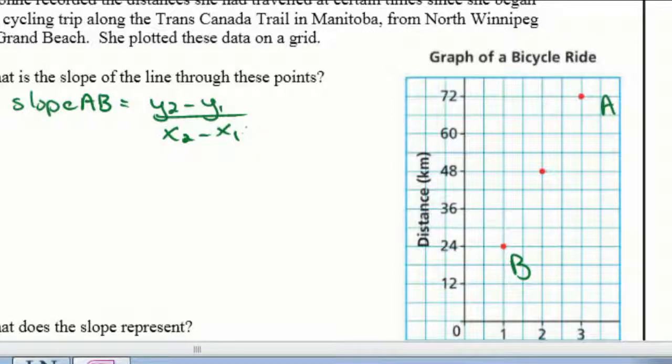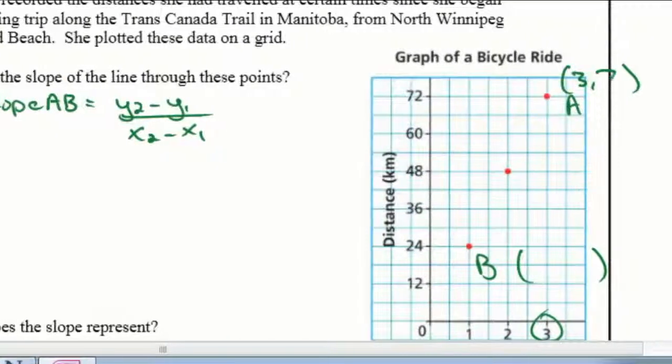All right, so what's the ordered pair up at A, and what's the ordered pair down at B? A is going to be x value first, which is 3, and then my y value is going to be 72.